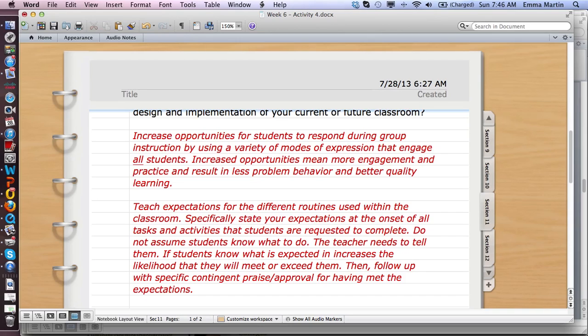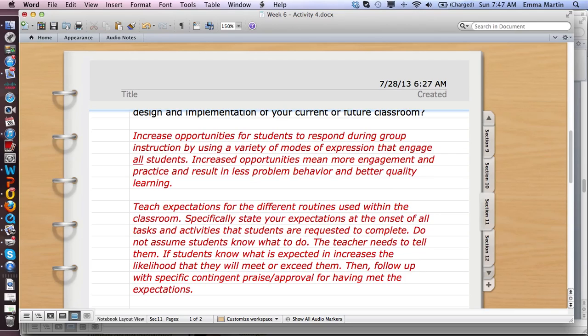What she needs to do is specifically state behavioral expectations for that particular task. I need all students to stay in their seats, work quietly, and complete their work. If you have a question, raise your hand. I will acknowledge it, and I will be there as soon as I can.